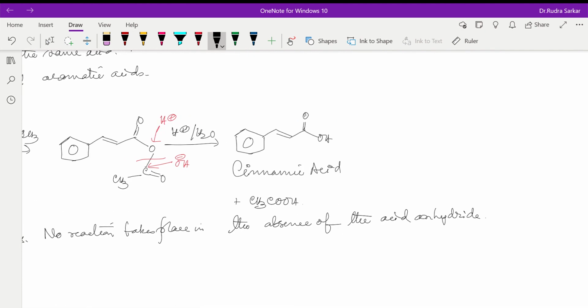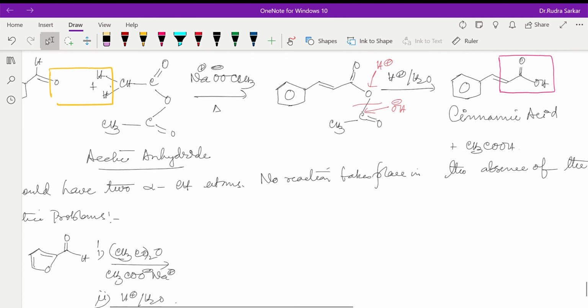So to benzaldehyde, technically you're adding this unit, or I can say to any aldehyde I have to add this unit. I repeat, to any aldehyde I will add only this unit in a Perkin reaction.